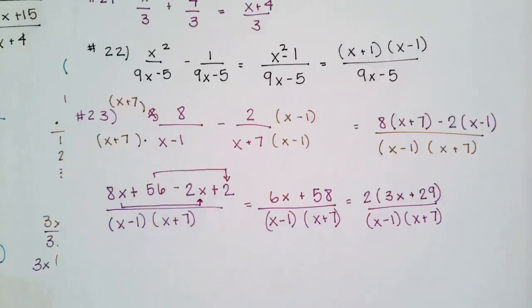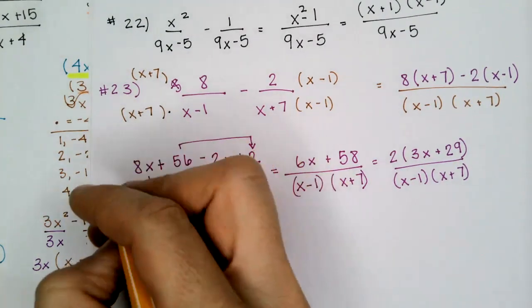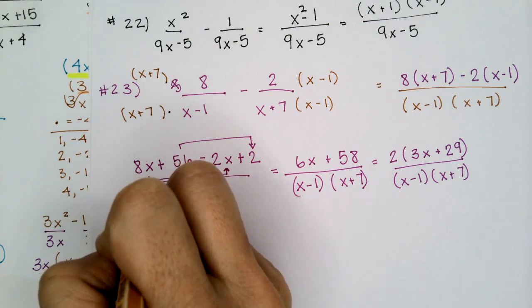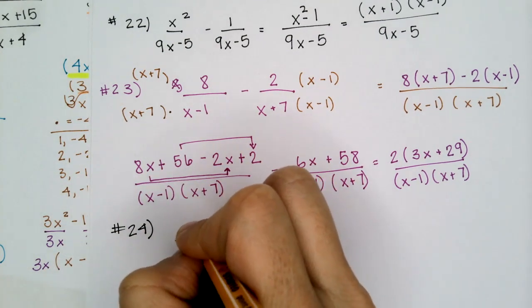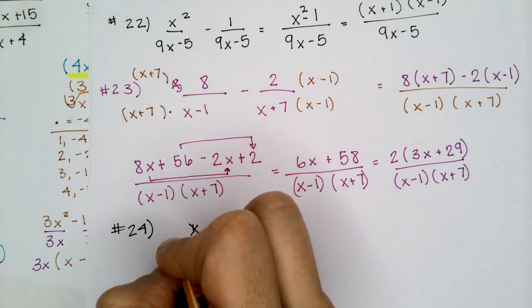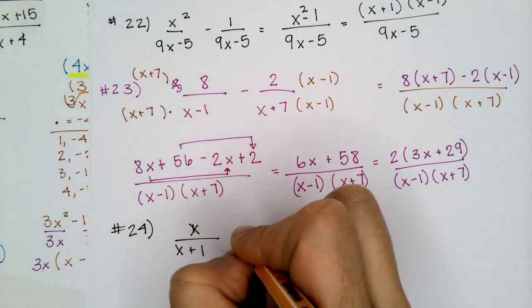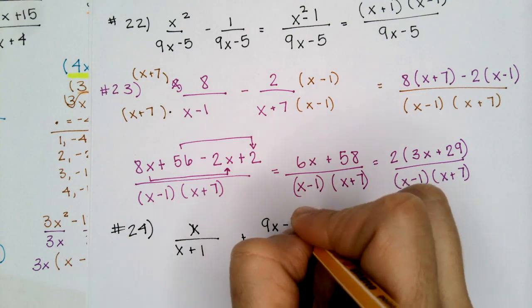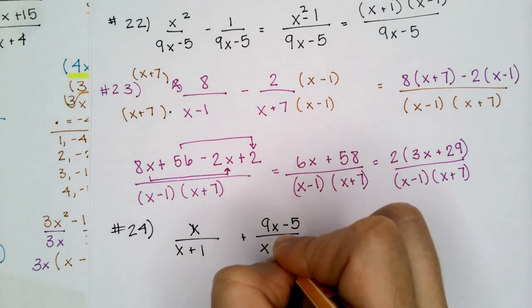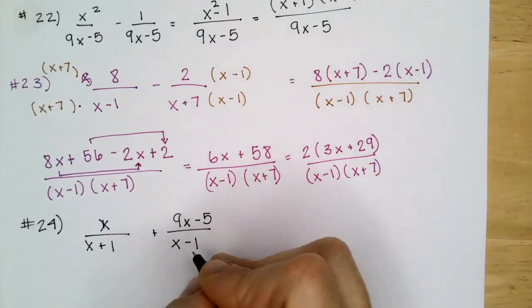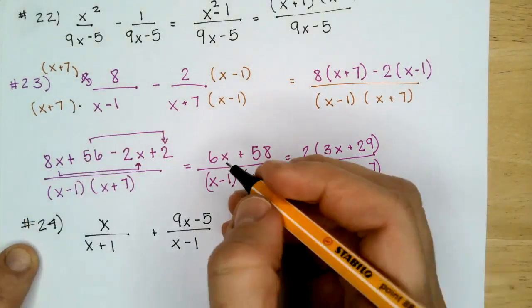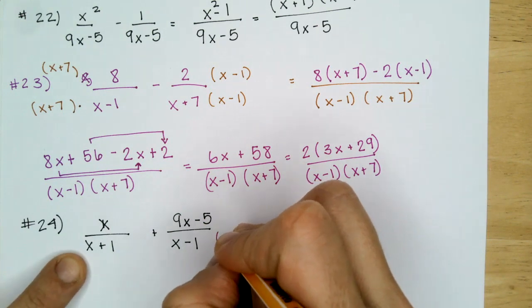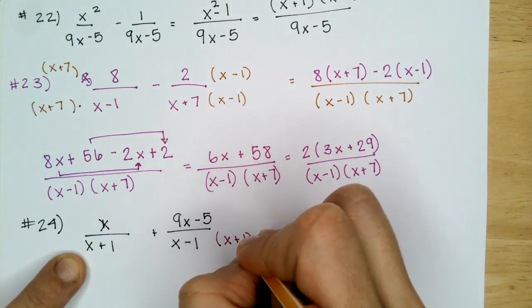All right, same principle for number 24. x over (x plus 1) plus (9x minus 5) over (x minus 1). These are not common denominators, so just like we did here, we're going to multiply the top and the bottom by the denominator on the other side, x plus 1.